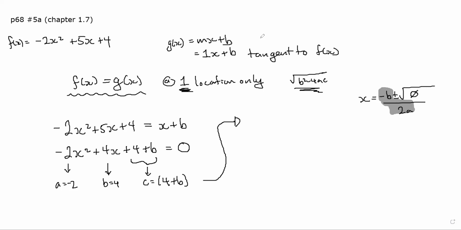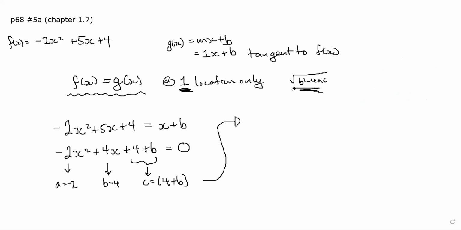If this were some kind of positive number, then negative b over 2a would have been added by a number to give you one possibility, or subtracted by a number to give you another possibility, and that is not what we're looking for. There's our clue.